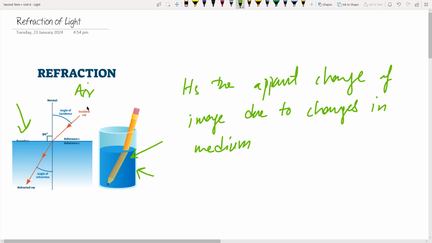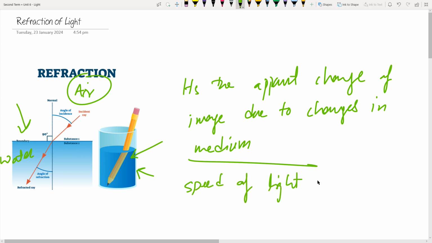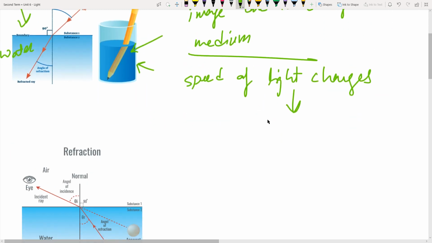So whenever light shifts from one medium, which is air, into water, which is the other medium, its speed changes. So the speed of light changes, and that results in a change of angle.